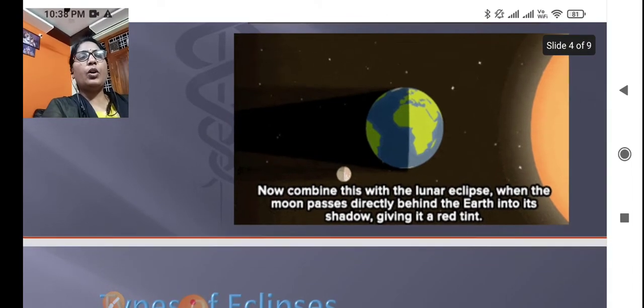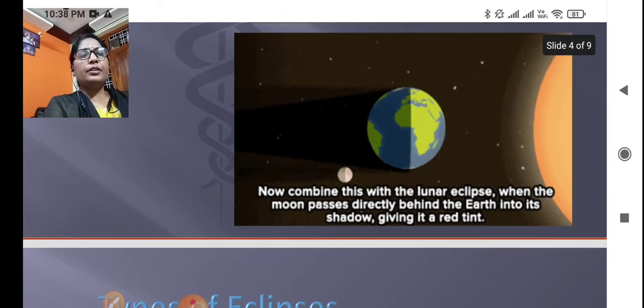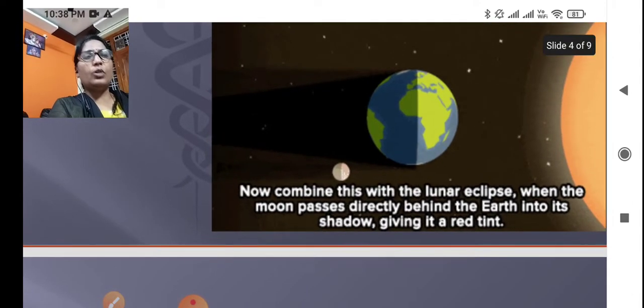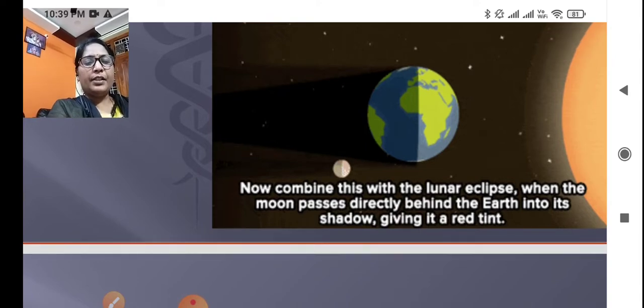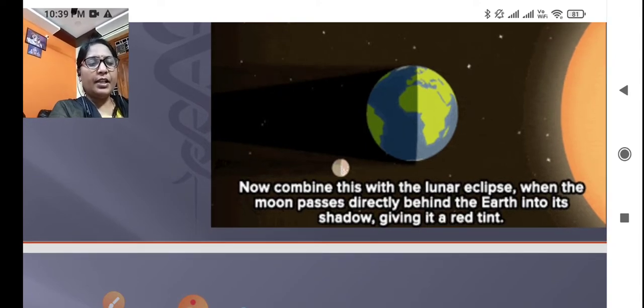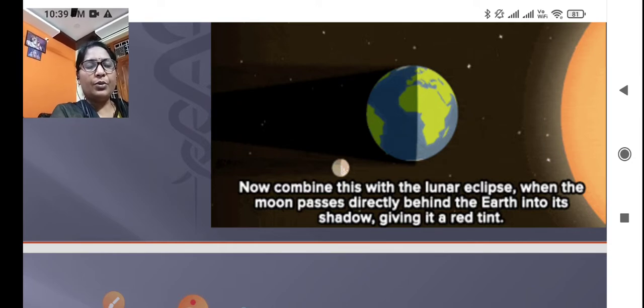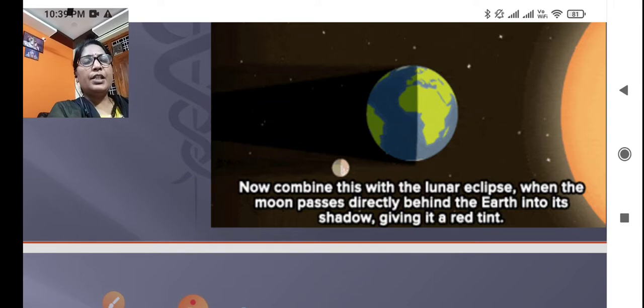The shadow of the earth is formed on the moon. This is called a lunar eclipse. It happens when the earth comes between the sun and the moon in a straight line while revolving around the sun. So the earth casts its shadow on the moon.